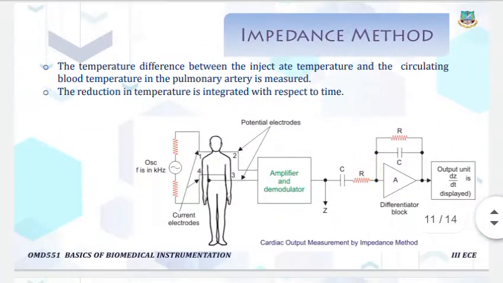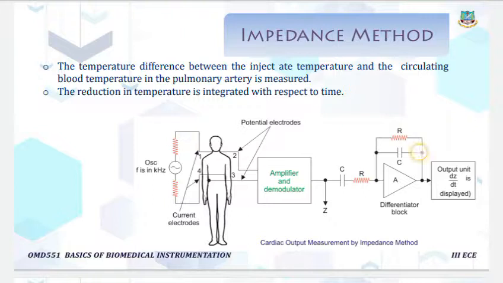Then the last one, the impedance method. Just go through this figure alone. Here four electrodes are placed surrounding the thorax.